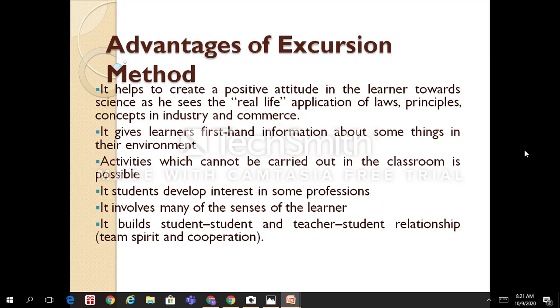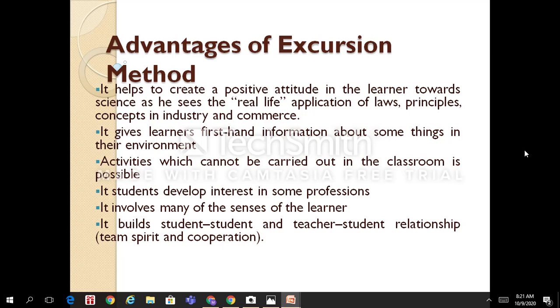So it gives the learner first-hand information, because as a teacher, when you teach them the concept of, let's say, mole ratio, they will not be able to understand unless you take them to a practical place where they can see where mole ratio is applied.